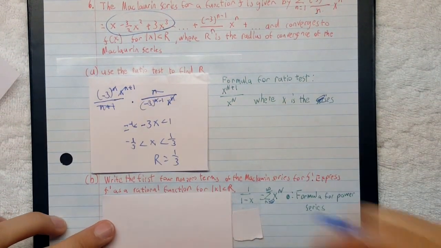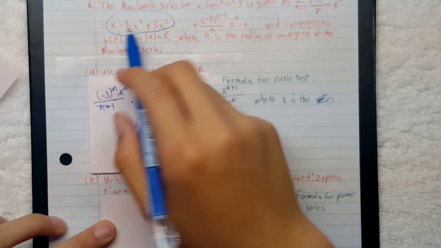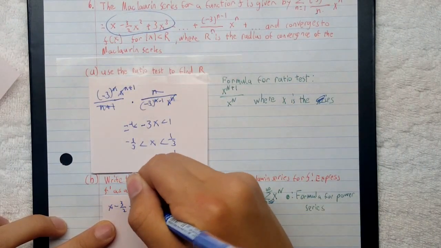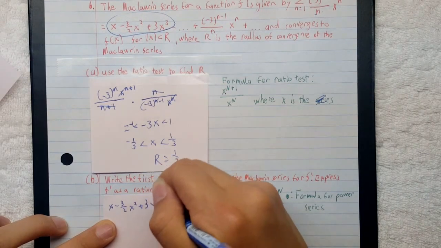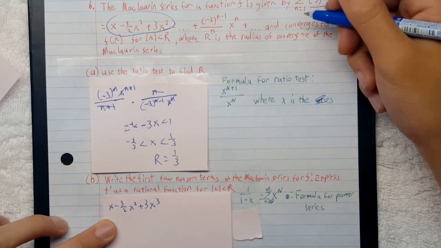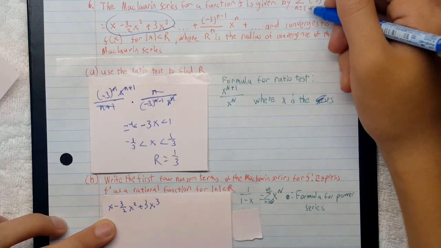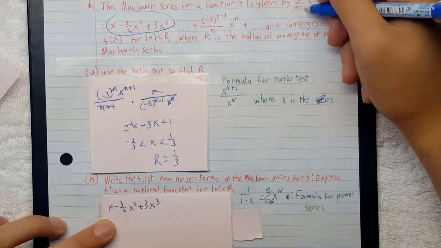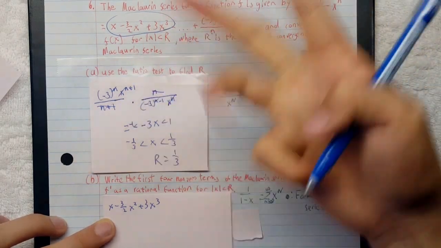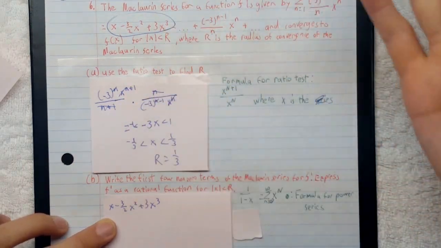So let's do that. First term is, they give us up here, x. Second term, third term. Now we have to find the fourth term. Knowing that it starts at n equals 1, we know that the fourth term is 1, 2, 3, 4. We plug in n equals 4.